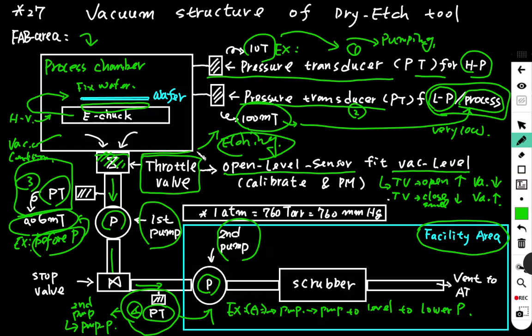So the throttle valve controls the vacuum level. We have to calibrate and maintain it to make sure the process is under the recipe set pressure.